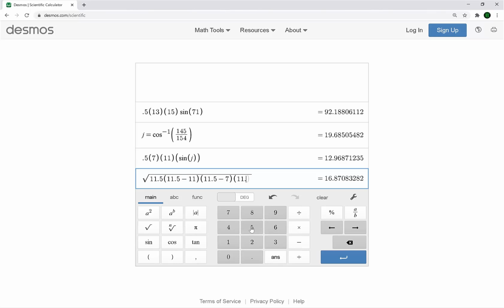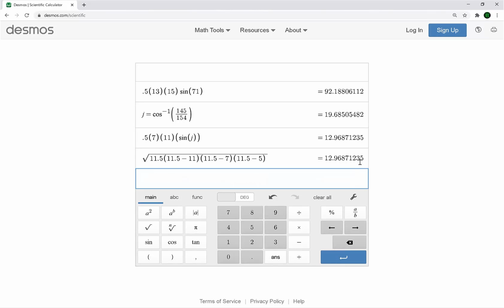And 11.5 minus, here's the moment of truth, 5. Oh my God, guys, look at that. It is digit per digit the same thing. 12.96871235.